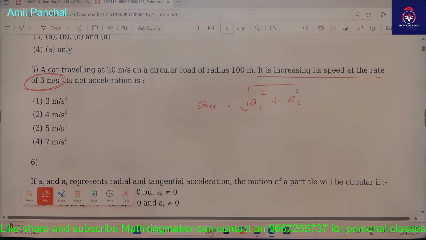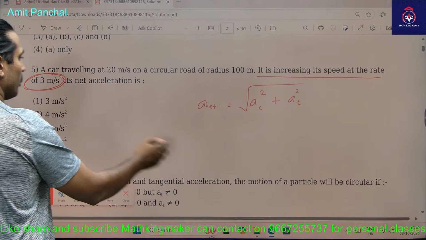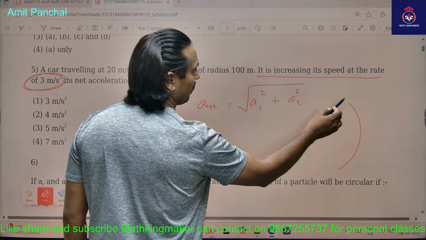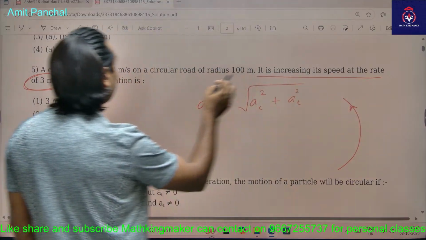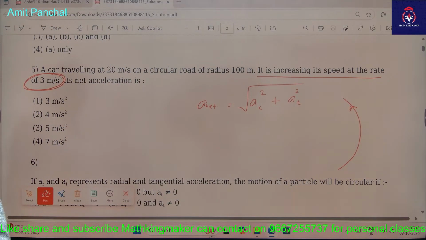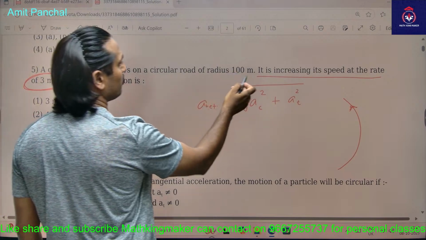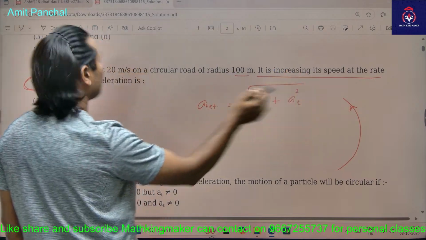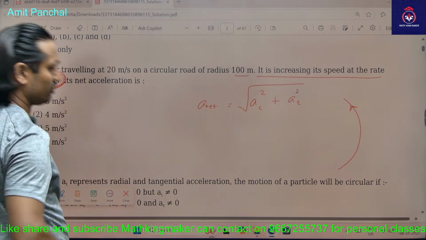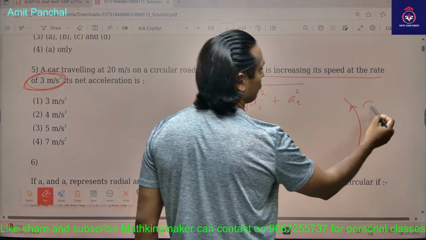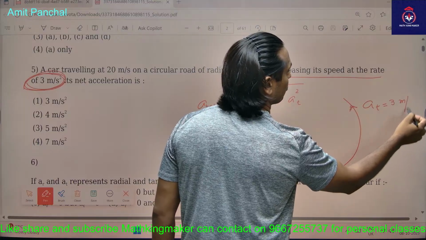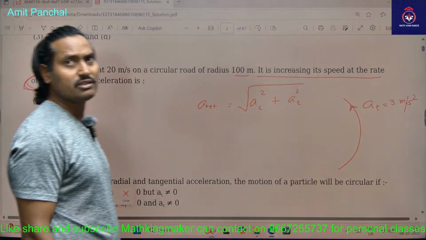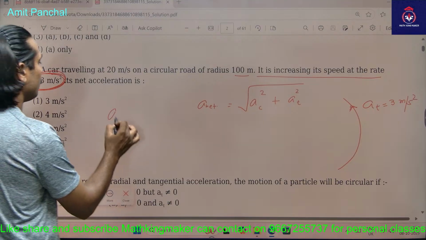It is tangential, because whenever a car is on a circular path, he is saying a car traveling at 20 meters per second on a circular road of radius 100 meters. So it is increasing its speed at the rate of 3 meters per second square. So that will be only tangential acceleration. So tangential acceleration will be 3 meters per second square. Centripetal acceleration, you need to find it. So AC will be what?